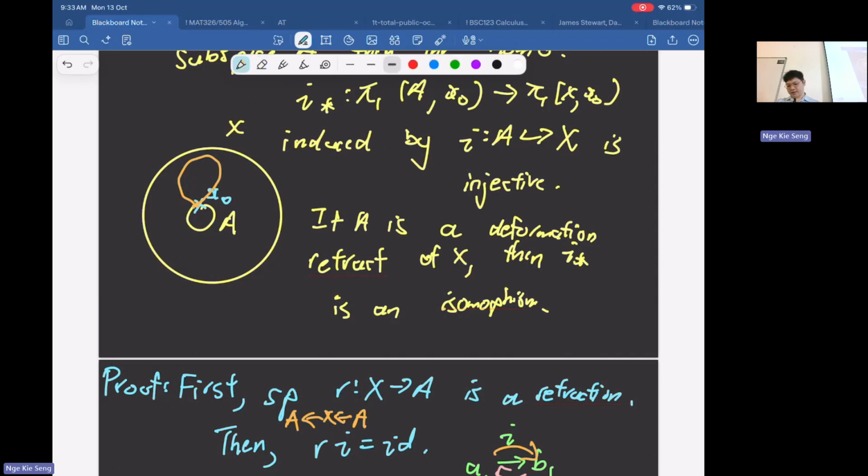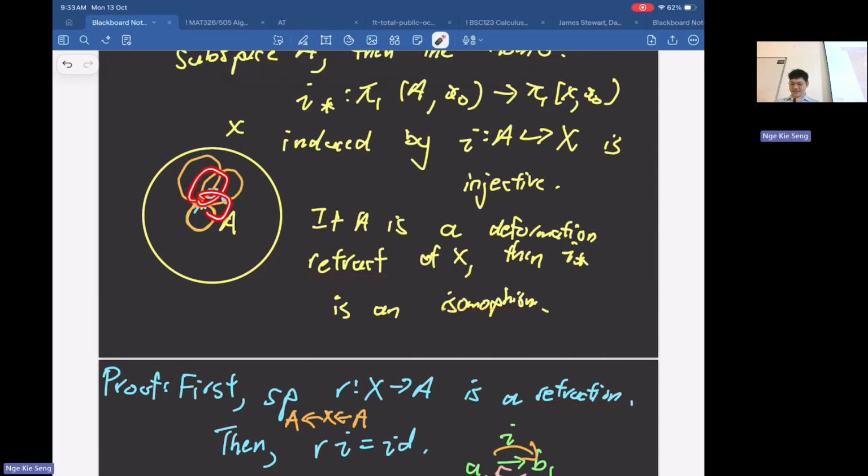I don't know how to retract, but somehow you could make it into a loop inside A like that. Any idea? Again, imagine there's a homotopy.